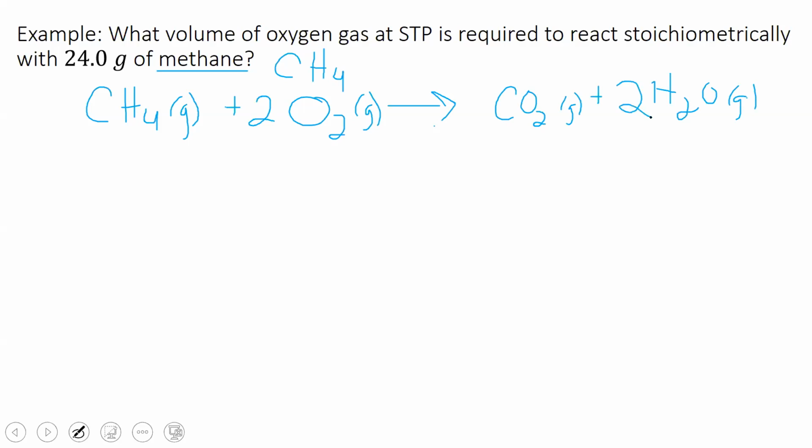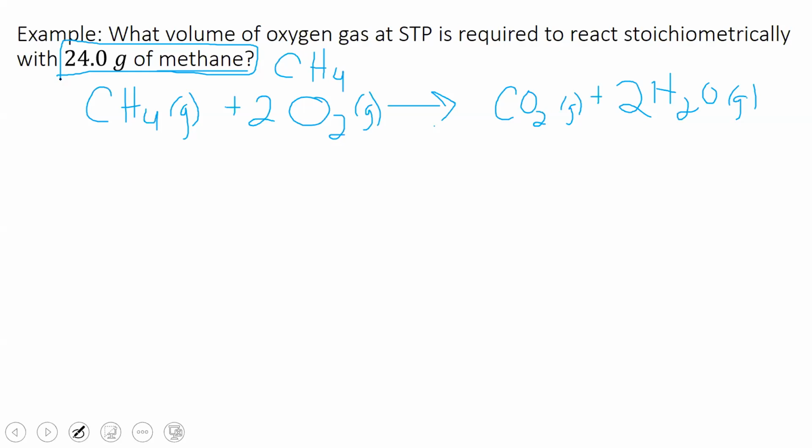Now from this, it's a simple matter of converting initially the number of grams of methane into moles of methane. And then from the moles of methane, we can figure out how many moles of oxygen, and from how many moles of oxygen, we can figure out the volume of oxygen that's required.